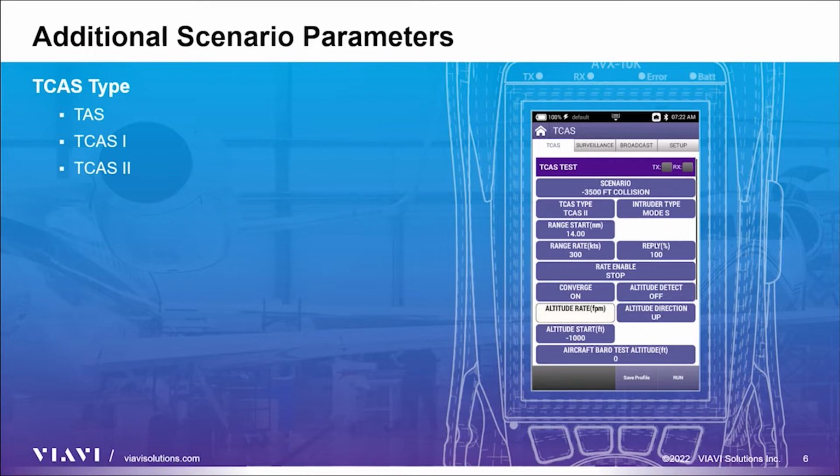However, procedures may dictate that additional parameters need to be adjusted, so we will briefly discuss the TCAS type and intruder type fields. All of the canned scenarios configure the TCAS type to TCAS-II and the intruder type to Mode S. This setting drives the surveillance and broadcast monitor tabs to be displayed.